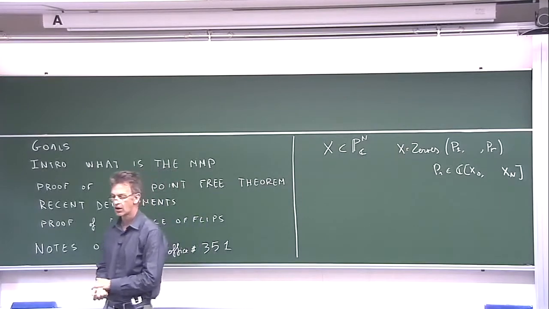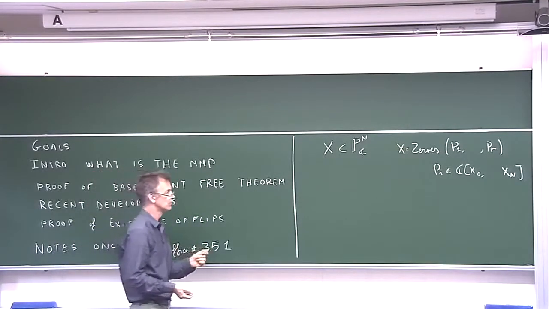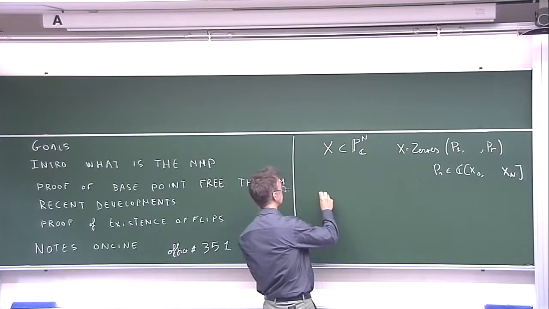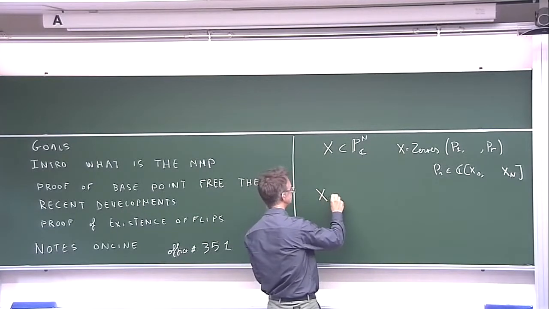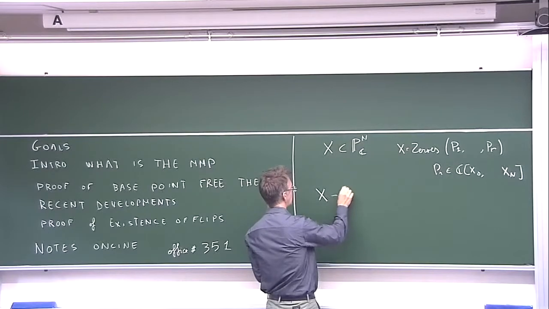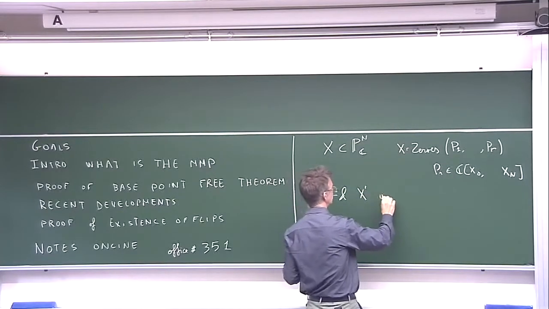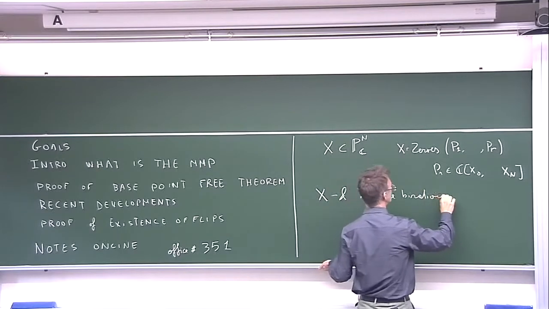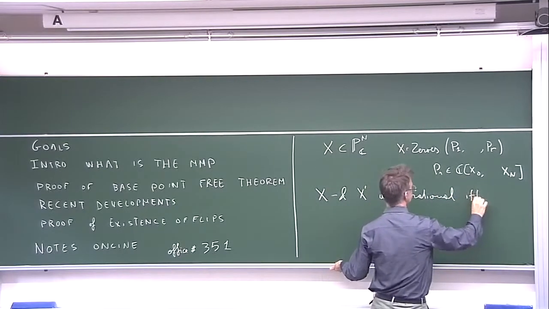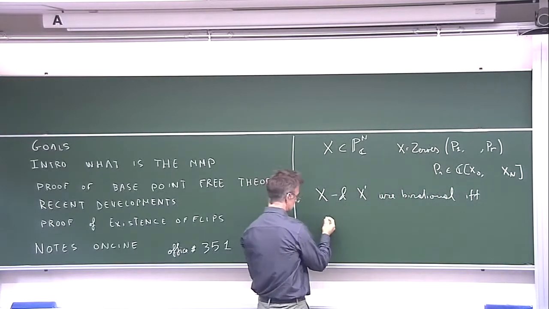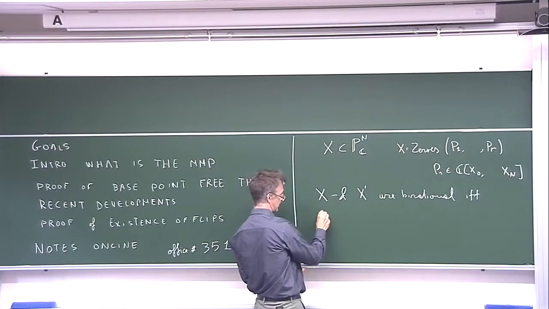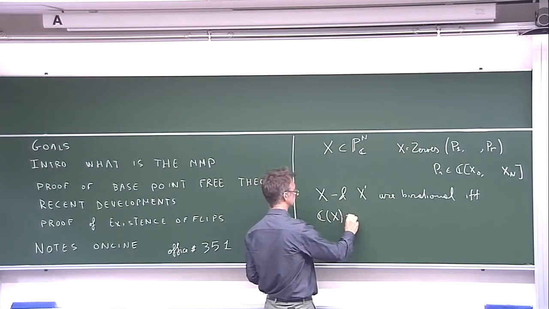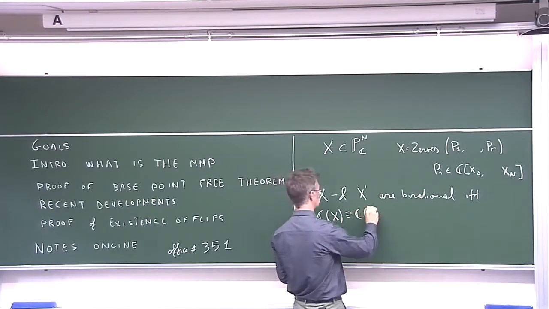Okay, so the goal of the minimal model program: we want to study these up to birational isomorphism. Two varieties, X and X prime, are birational if and only if, well, there are several equivalent definitions. One definition is if they have the same field of rational functions, or equivalently of meromorphic functions.